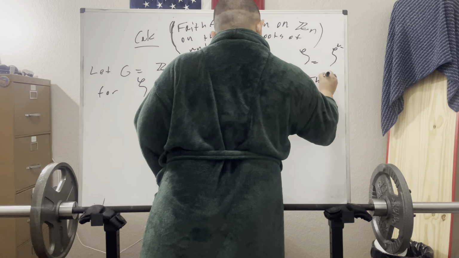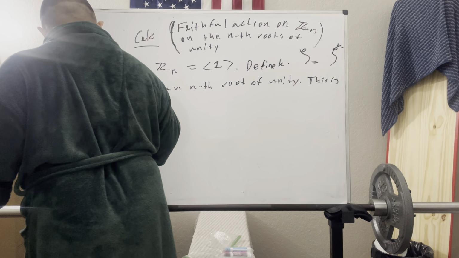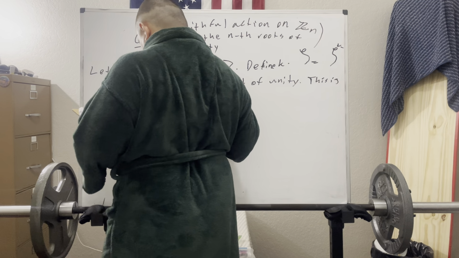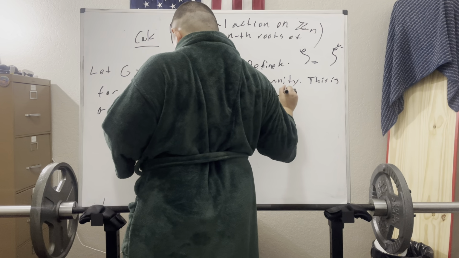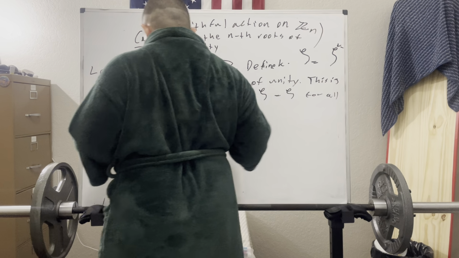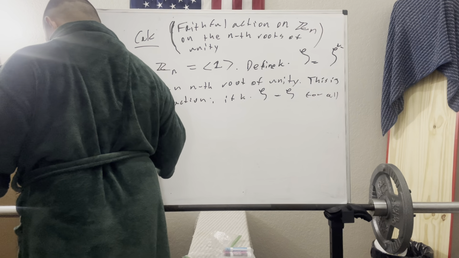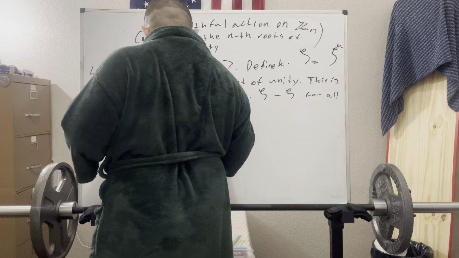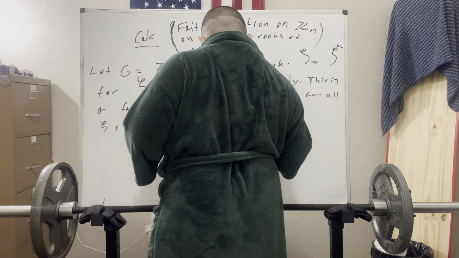This is a faithful action if k operated with sigma is equal to sigma for all sigma, then sigma to the k minus 1 is equal to 1 for all primitive sigma.